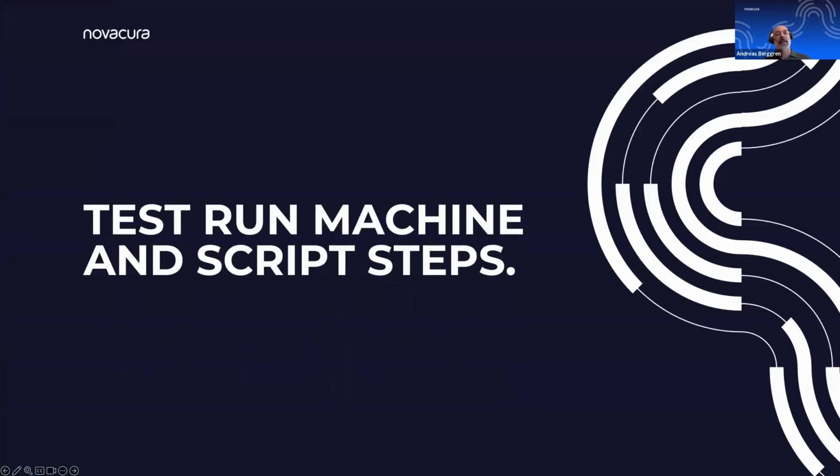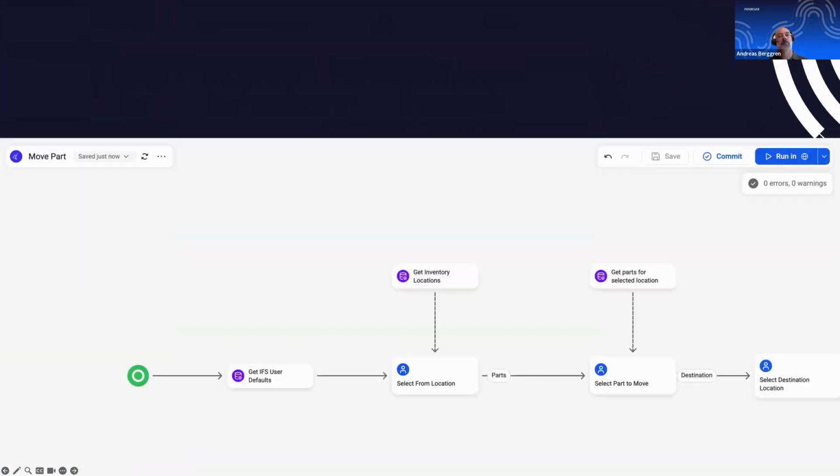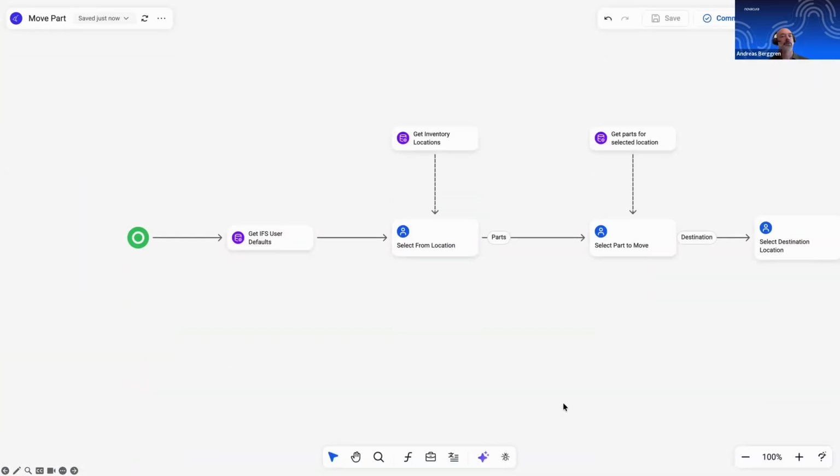Next, we have a great new feature, and that is test run machine and script steps. We are now introducing functionality for testing machine steps with the database connector directly in the designer. So let's open a machine step and first take a look at a couple of smaller improvements.